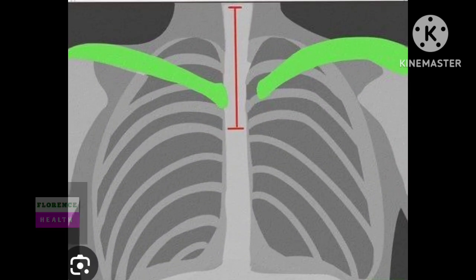Look at the schematic diagram where both clavicles are not at equal level and both clavicular heads are not equidistant from the imaginary line. So it is a rotated schematic diagram.